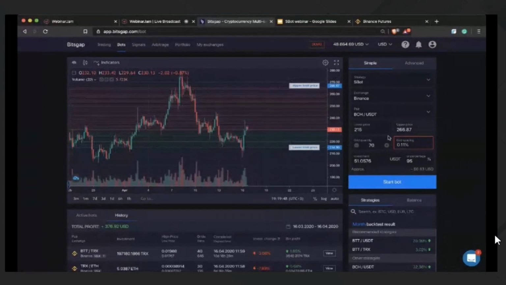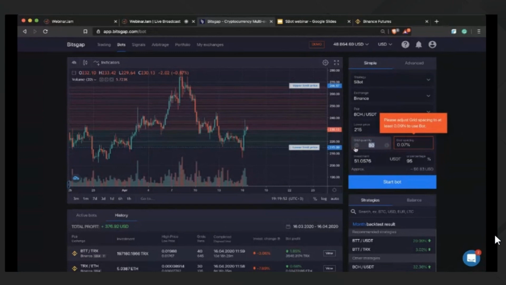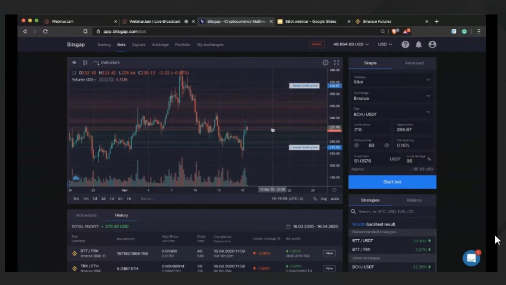In this case, if I want to initiate the bot, now let me put 60, yeah, 60 is enough. So that means that I have now more sell orders than buy orders. That means if I want to initiate the bot, I must make sure that I have enough both the base currency and the quote currency to initiate the bot.